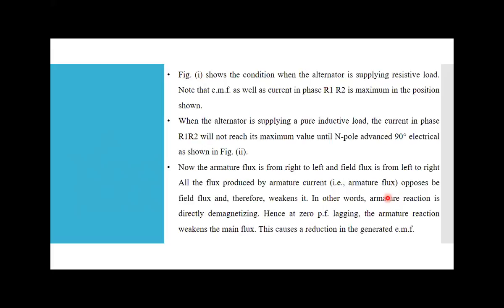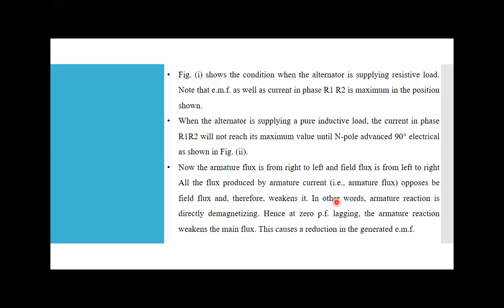So here, when your load is purely inductive in nature, your total flux is weak. Why? Because your armature flux opposes your main flux. All the flux produced by armature current opposes the field flux, and therefore it weakens your main flux.